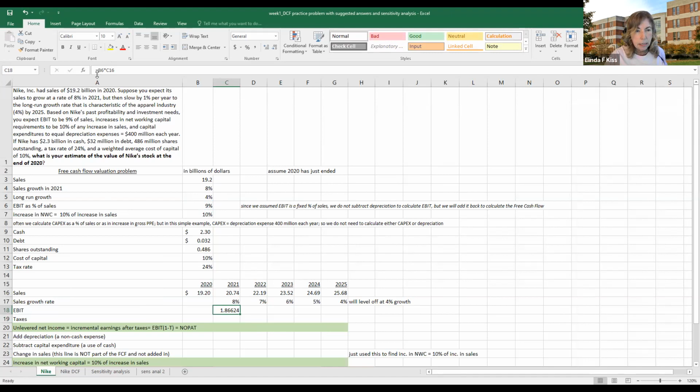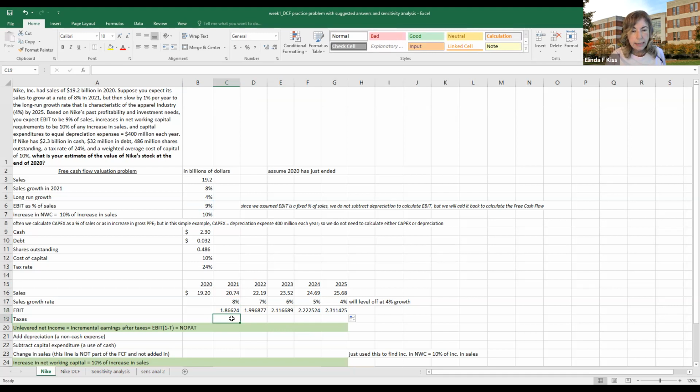Now, because I'm going to use that 9% all the time, I will make that a constant by putting a dollar sign in front of the B and after the B. Then I can use the fill handle, that little square here, to drag across and get every single earnings before interest and taxes.